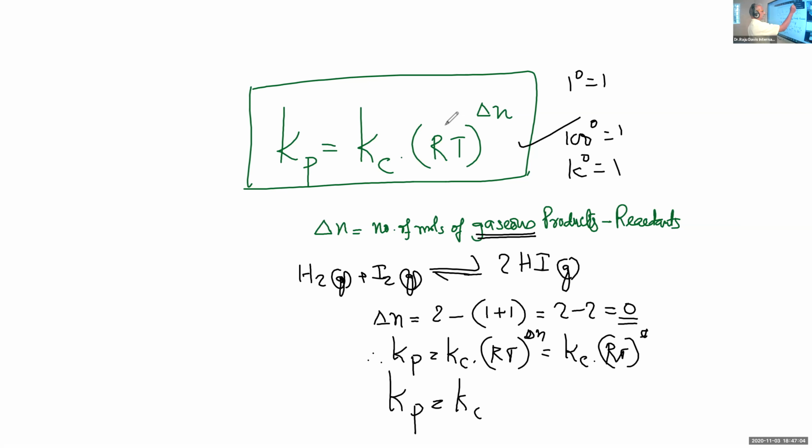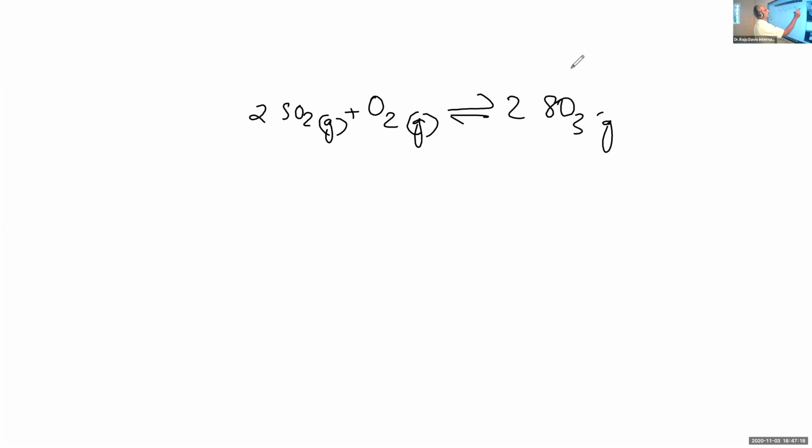Let us take another example. 2SO2(g) plus O2(g) reversibly giving 2SO3(g). Let us take the relation between Kp and Kc. You find out delta N first. Delta N is equal to the number of moles of gaseous products.